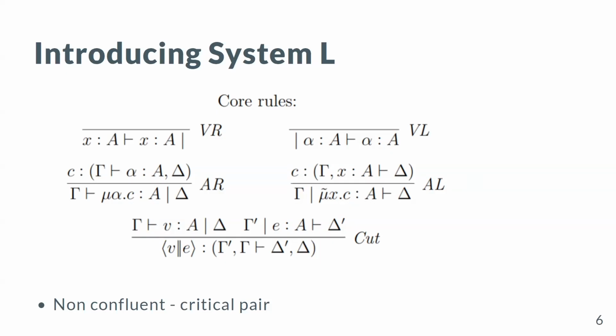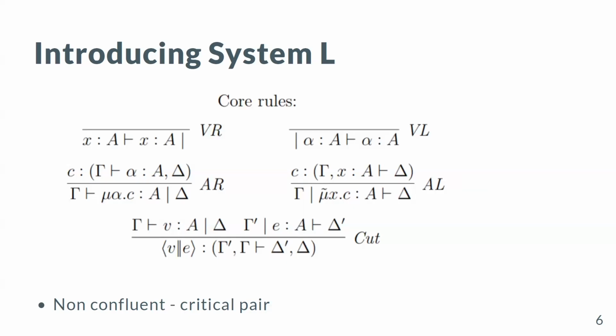If you don't choose an evaluation discipline, then you will also have the same critical pair. So the way you fix this in system L, similarly to lambda calculus, is you use focusing. There is static focusing and dynamic focusing, where in dynamic you change the operational semantics, and in static you change the type system. And we will look at the static one.